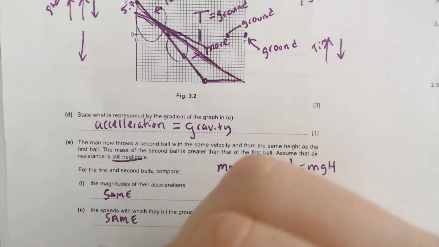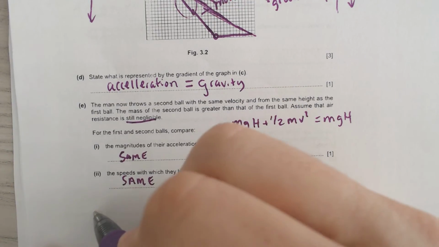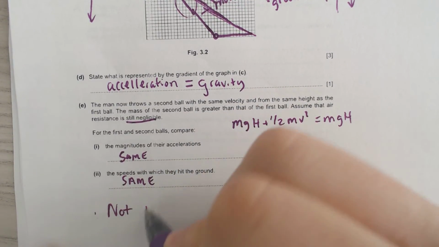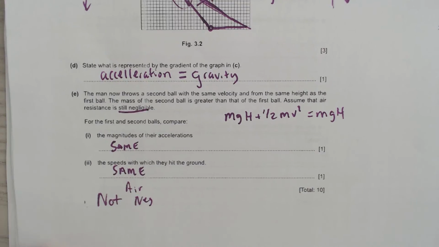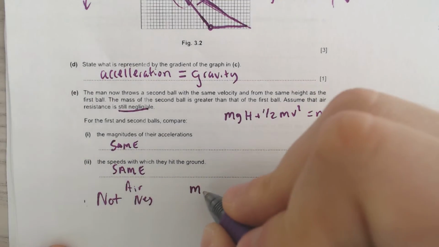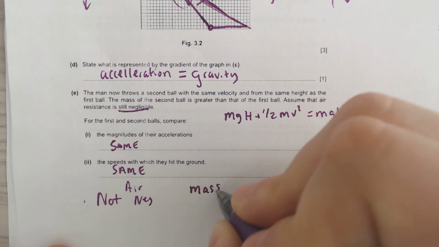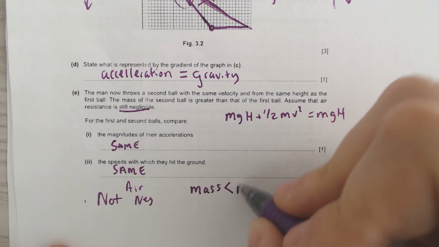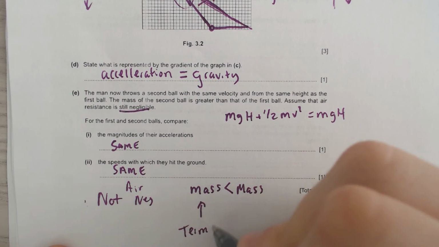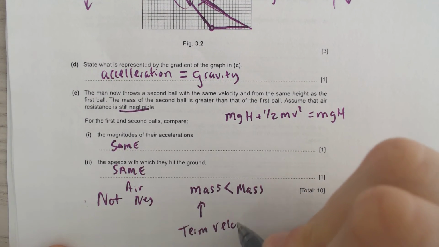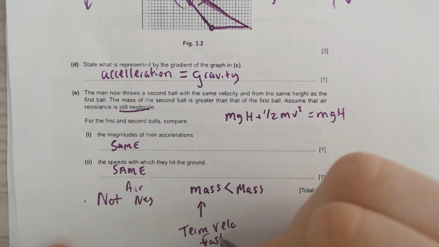If air resistance was not negligible, we'll do like part B, then if the mass is smaller, the one with a smaller mass will reach terminal velocity faster or easier.